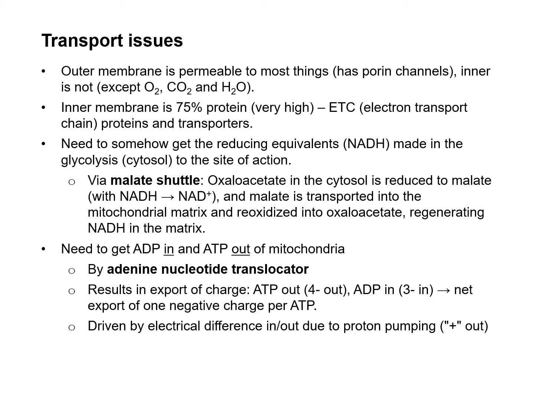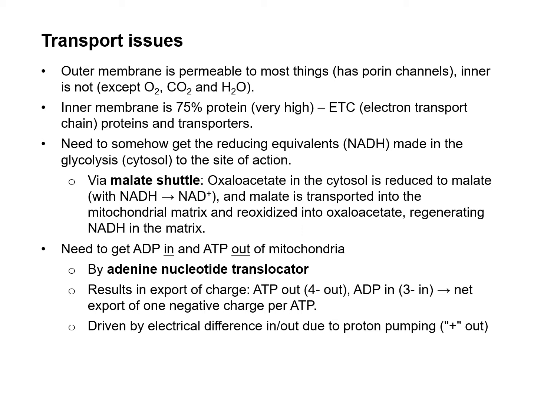So the mitochondria need to somehow get the reducing equivalents such as NADH made in glycolysis in the cytoplasm to the site of action for the TCA cycle, which is the innermost side of the mitochondria, in the matrix.